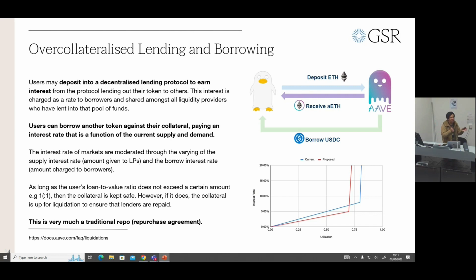That's a healthy over-collateralized position. But let's say that the price of my Ether drops from $1,000 to now $900. You can see that is starting to get risky, and if it drops even more to, let's say, $800 or even $700, then my loan becomes under-collateralized. And that means that it's not possible to pay back the original loan.